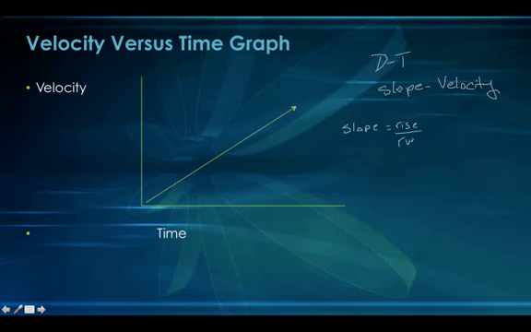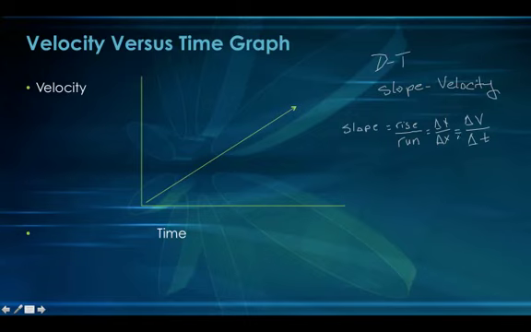Divided by how far did the line go over, which is the same thing as delta y divided by delta x. So when you look at the y-axis of a velocity versus time graph, you have velocity. So the change in y is the same thing as the change in velocity. On the x-axis, you've got time, so the change in x is the same thing as the change in time.